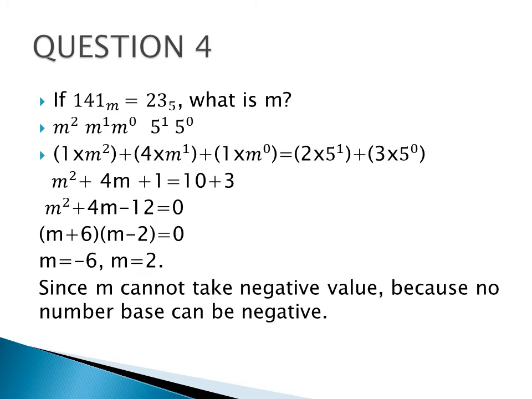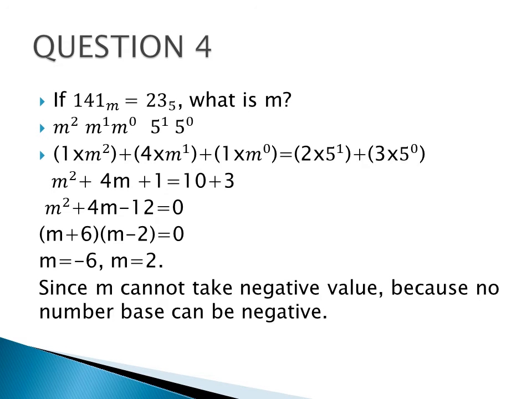Now we're going to multiply everything out. Then we have m squared plus 4m plus 1 is equal to 10 plus 3, because m squared times 1 is m squared, m times 4 is 4m, m raised to power 0 is 1, 1 times 1 is 1, then 2 times 5 is 10 plus 3 times 1, because 5 raised to power 0 is 1.